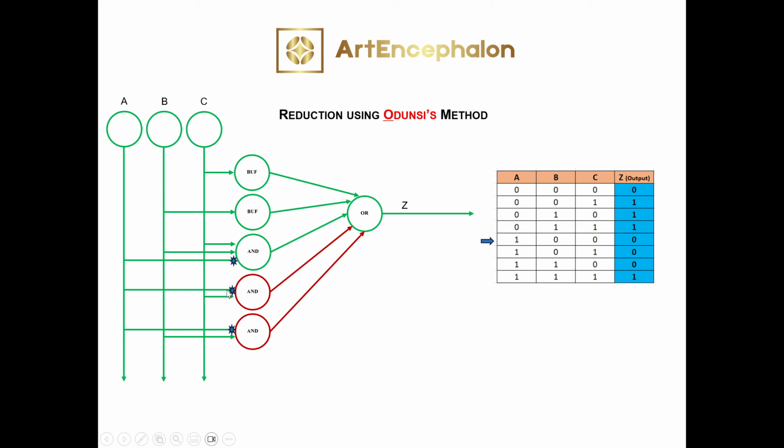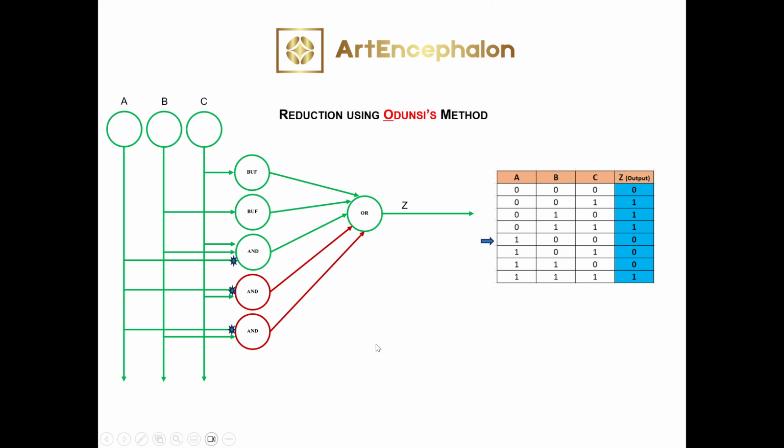Now, the first AND gate requires 3 inputs for it to generate an action potential, but only 1 is coming in, so it will not fire. The second AND gate requires 2 inputs before it can fire, but only 1 input is coming in, so it will not fire. The third AND gate requires 2 inputs for it to fire, but only 1 input is coming in, so it will not fire.